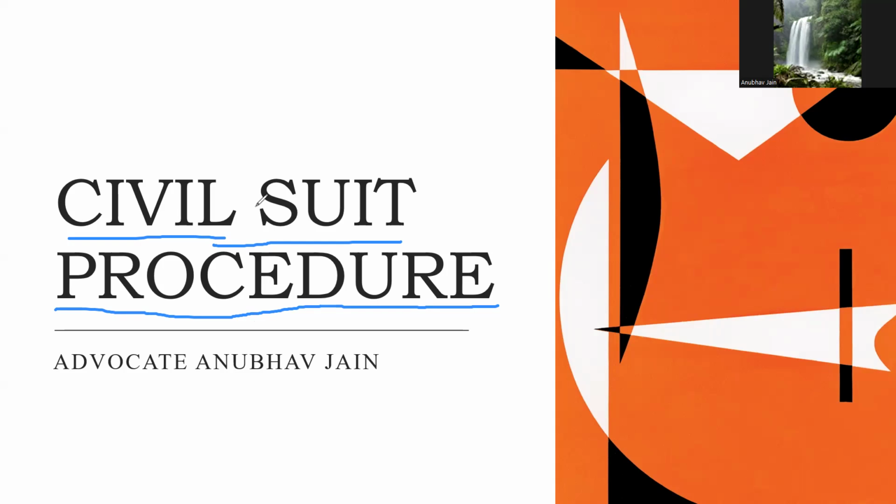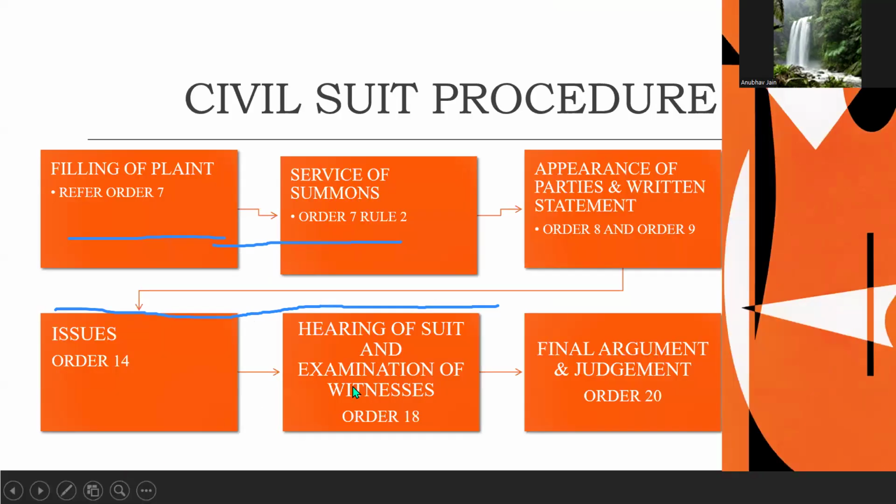While understanding the process, we will also learn what rights we actually have while our civil suit proceeds. So let us understand that. First of all, filing of the plaint is the very first step of our civil suit procedure.